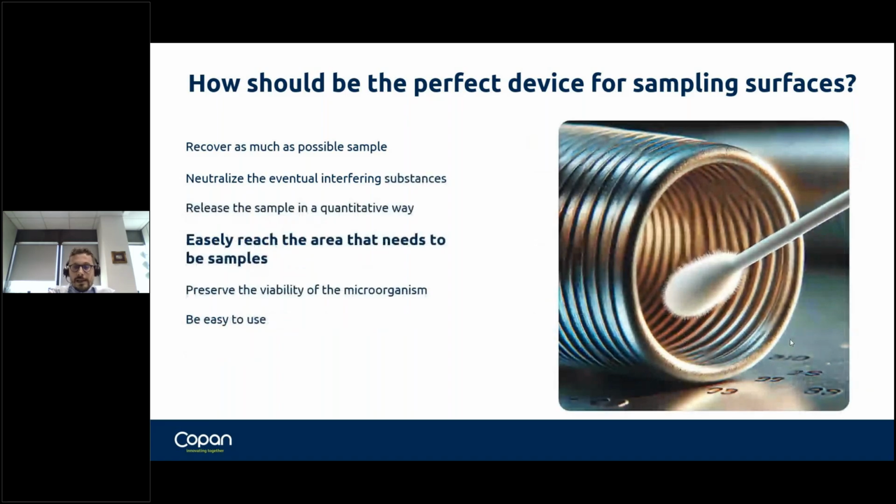With the flexibility and the resistance of the flock technology and the swab from Copan, you are basically able to reach, in a very easy way, areas that need to be sampled. So you won't be constrained any more to take a sample also from a very complicated area.